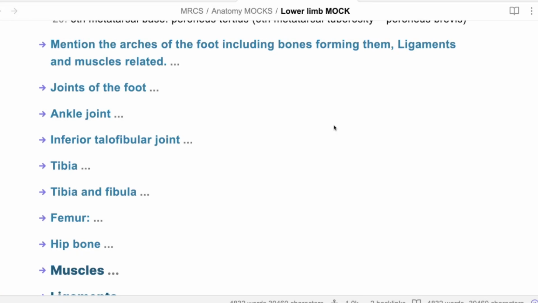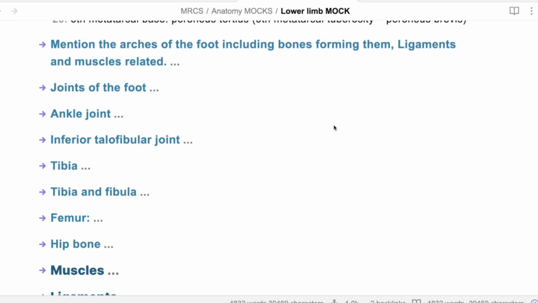Now, sir, we will come on the lateral longitudinal arch, and lateral longitudinal arch is formed by calcaneum, cuboid, and lateral 2 metatarsal bones, and is supported by the ligaments: short plantar ligament, interosseous ligament, and long plantar ligament.